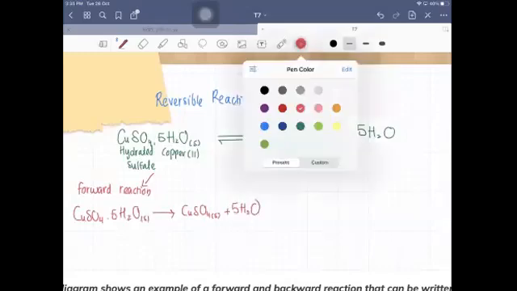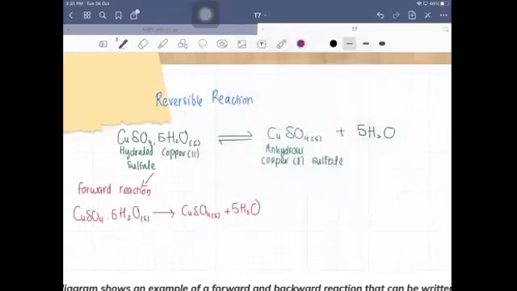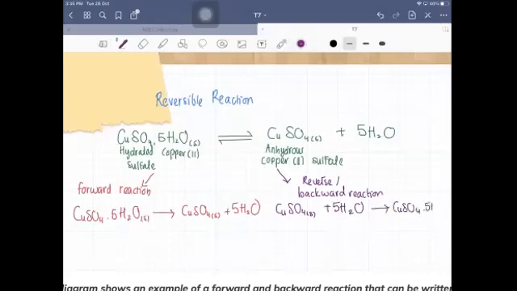And the backward reaction, or sometimes called the reverse reaction, is when your anhydrous copper sulfate recombines with the 5 water molecules to form your reactant.